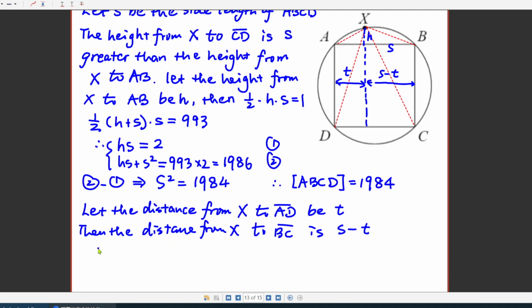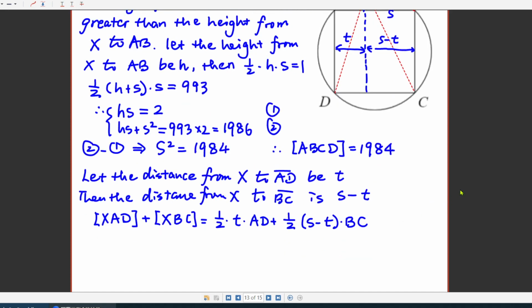Then the desired sum of areas, XAD plus XBC, can be calculated by 1/2 of T times AD plus 1/2 of S minus T times BC, right? And of course, AD equals BC equals S, so this gives us 1/2 of TS plus 1/2 of S minus T times another S, right?